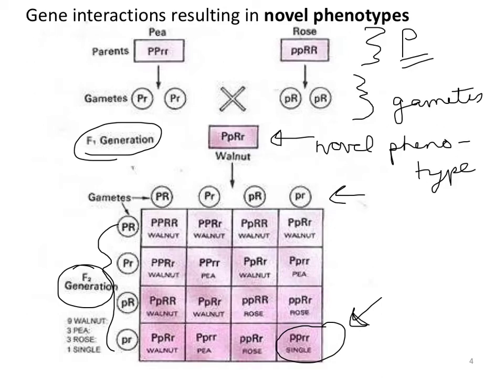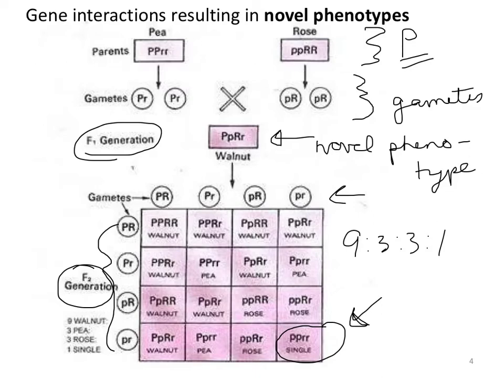They did see a 9:3:3:1 ratio in these offspring, and that should remind you of the typical patterns seen in dihybrid crosses that Mendel observed and documented so well. But what's different here is that the 4 phenotype categories include 2 that are novel, and those novel phenotype classes are the single and the walnut.